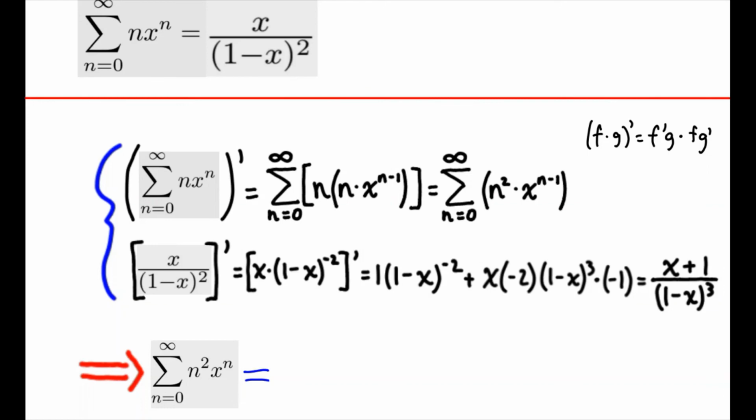So let's just apply that to here. We're going to get that this is equal to this over here, which is also just going to be equal to x plus 1 divided by 1 minus x to the third power.